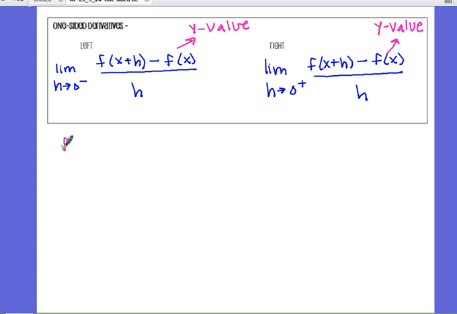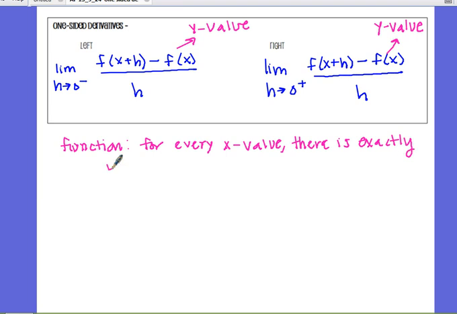A function rule is for every x value there is exactly one y value. And that's the rule that we're using to understand that whichever side you're using, left side or right side, you're still going to have the same one y value.